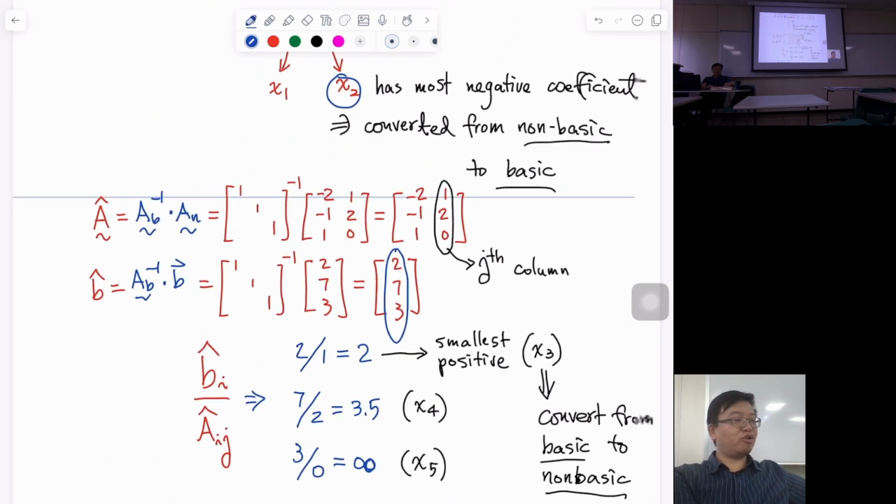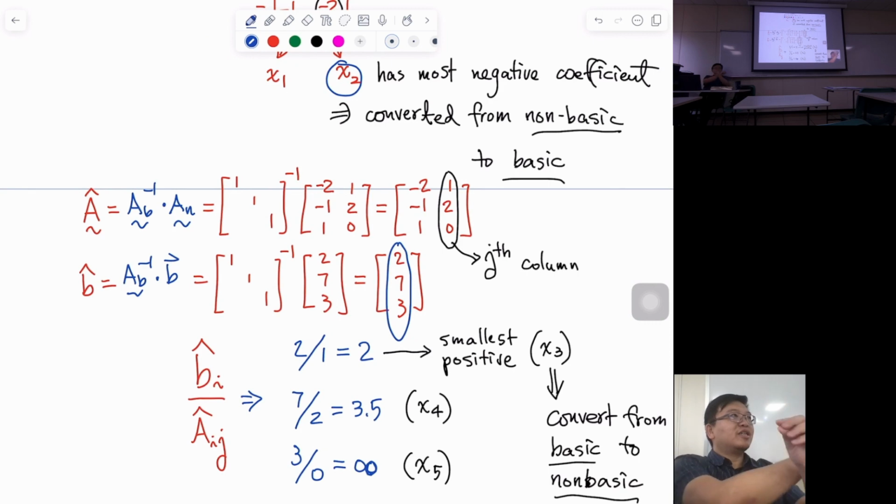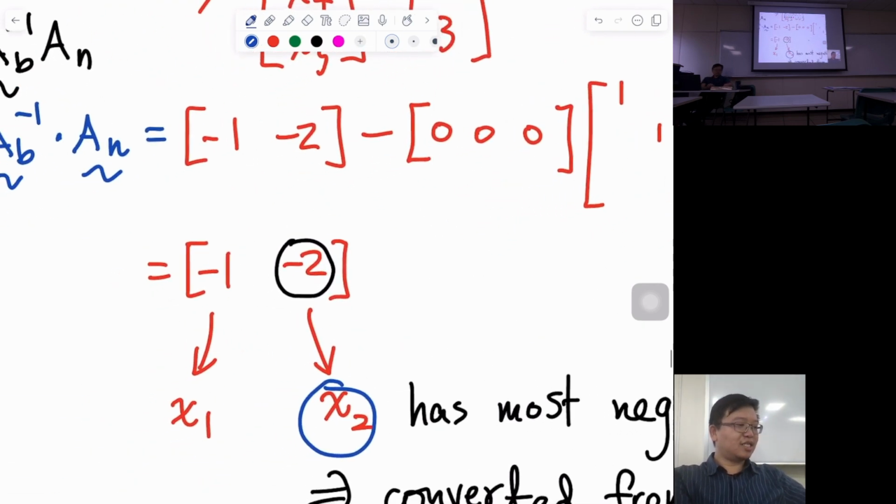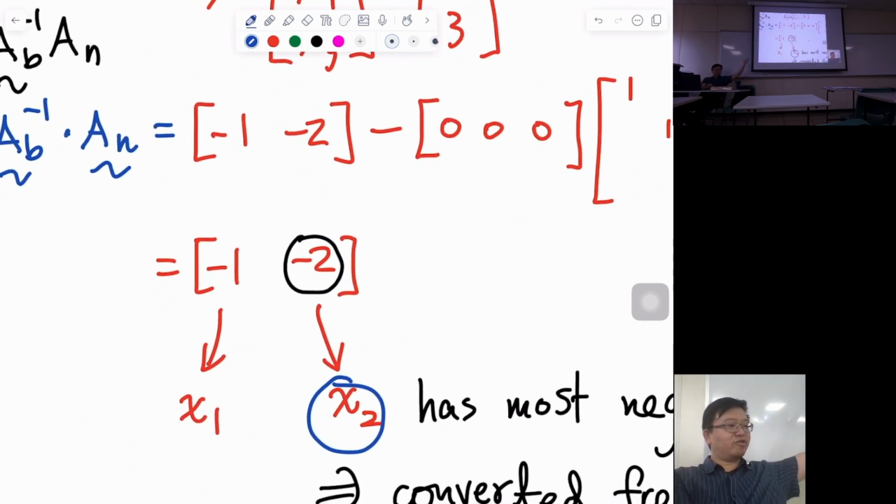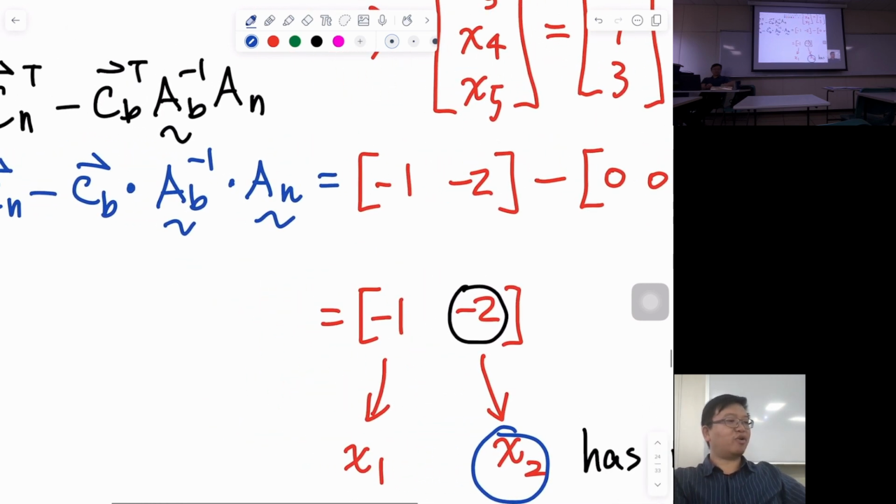After that, I will be swapping the decision of basic and non-basic on top of the two chosen variables. After the swapping, I do another iteration until I will not see any negative values for this check. Then I will convert.